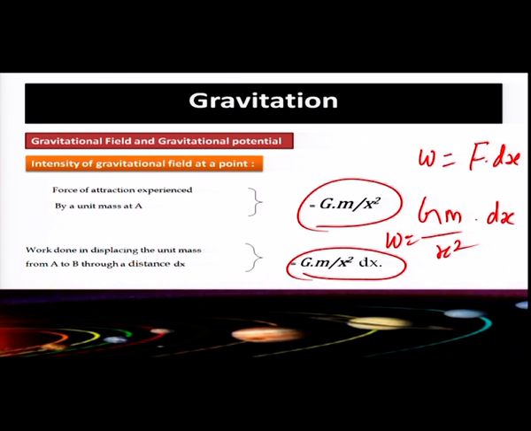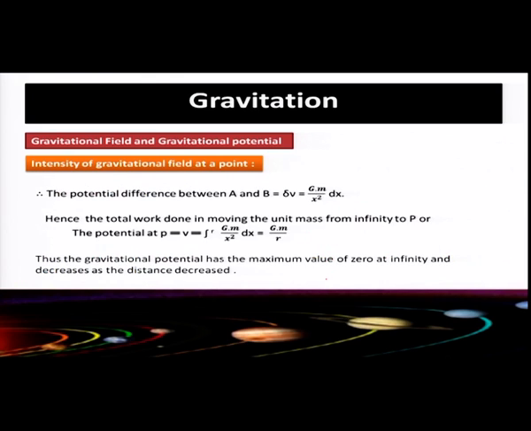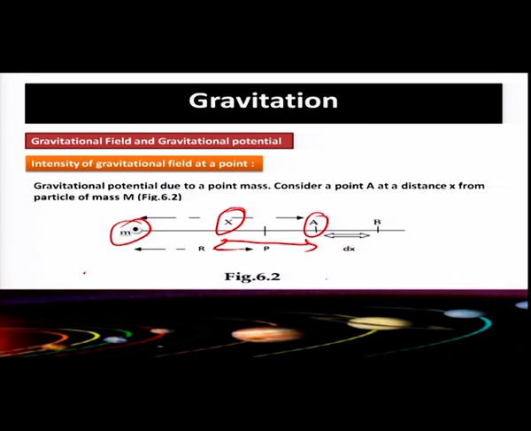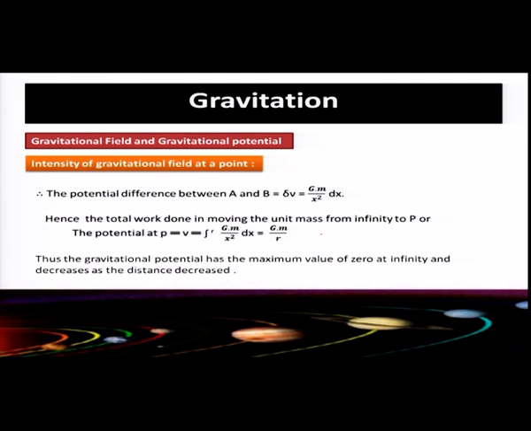Therefore, what is the potential difference between A and B? We should calculate the potential difference between A and B. The potential difference between A and B, delta V, is equal to Gm by x squared into dx.